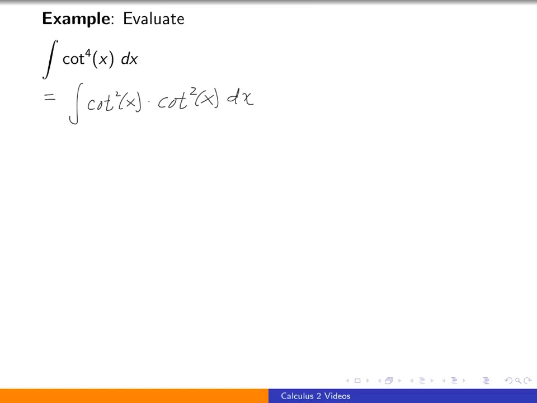Now, if we had started off with cotangent to the 6th power, we would have 4th power and 2nd power. And then what we're going to do is take this cotangent squared that we've pulled off and rewrite it in terms of cosecants. So recall from our Pythagorean identity that cotangent squared is equal to cosecant squared minus 1.